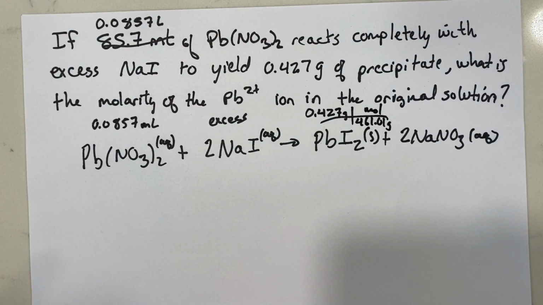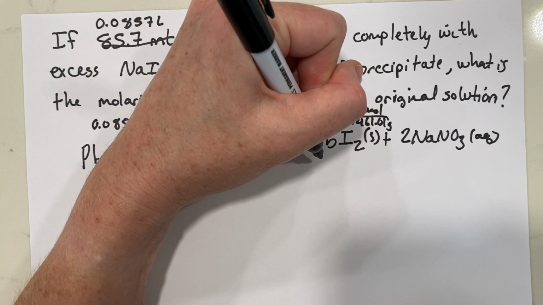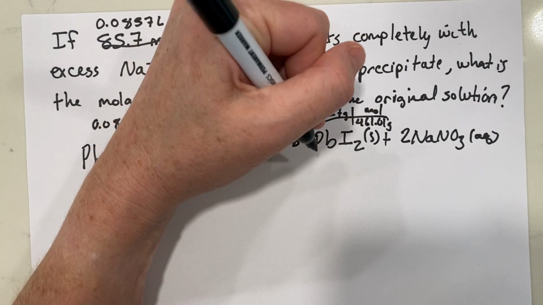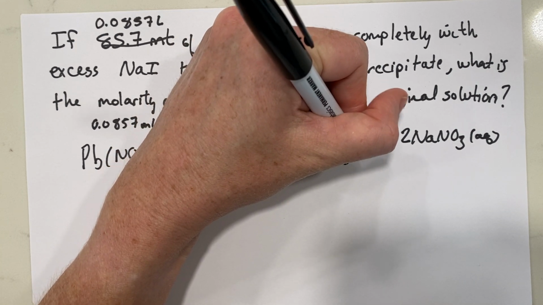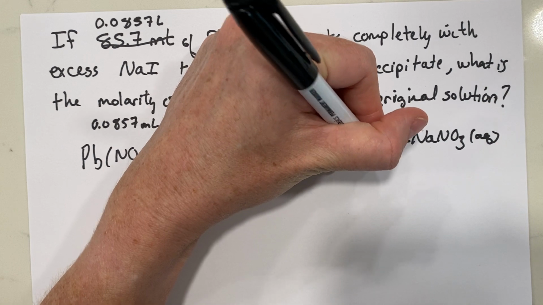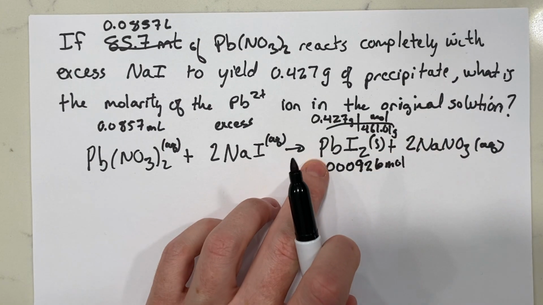So I'm going to take 0.427 divided by 461.01, and I get an answer of 0.000926 mole. So this is how many moles of lead-2 iodide I made.